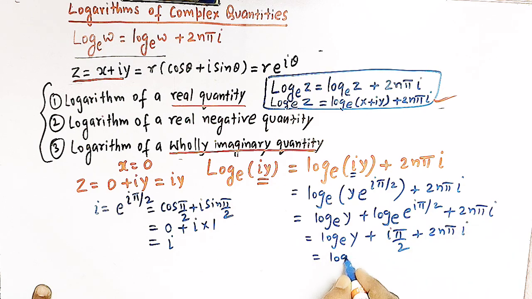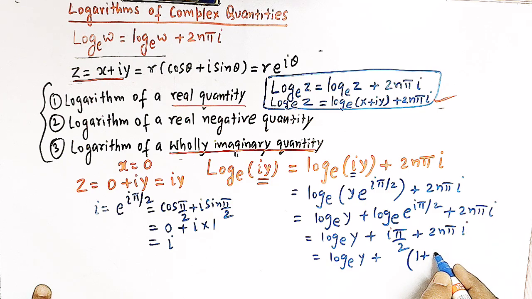So we can now write log y, and taking pi I common, we have 1 plus 2, here we have half, and then 2n, times pi I, right?